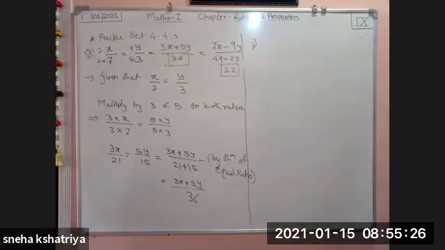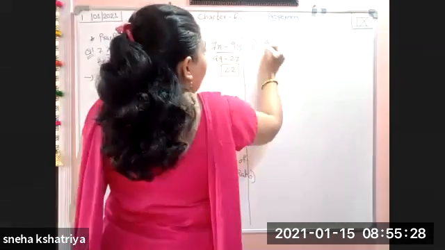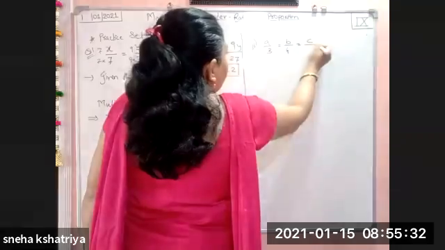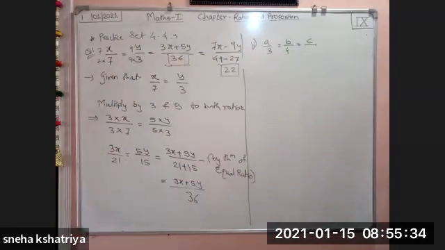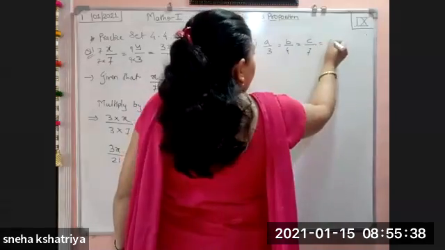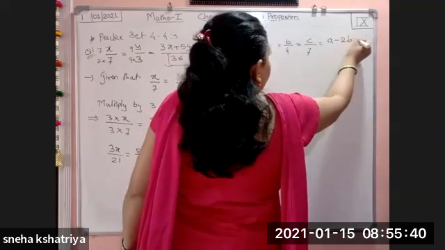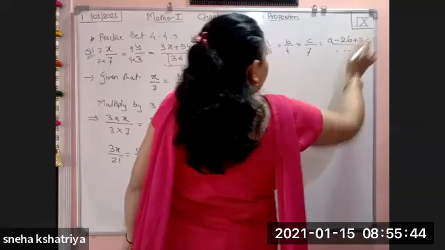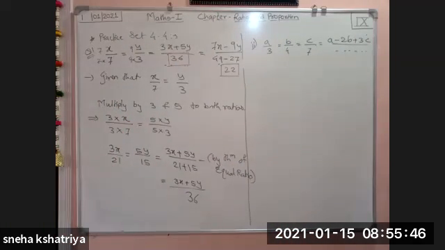A upon 3 plus B upon 4. A upon 3 is equal to B upon 4, which is equal to C upon 7. A minus 2B plus 3C divided by dot dot dot, that we have to find out.